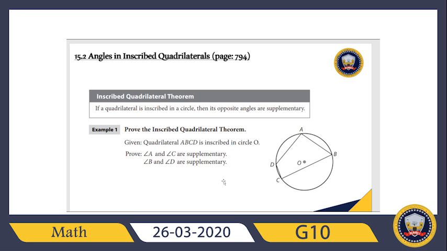Now, we wanted to use the theorems that we have seen so far about inscribed angles and arcs to prove this theorem. How can I prove that A and C are supplementary, B and D are also supplementary?